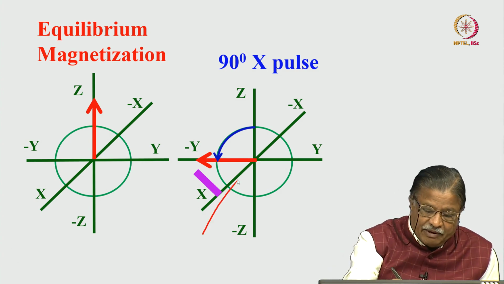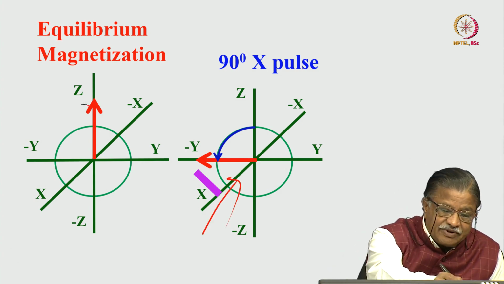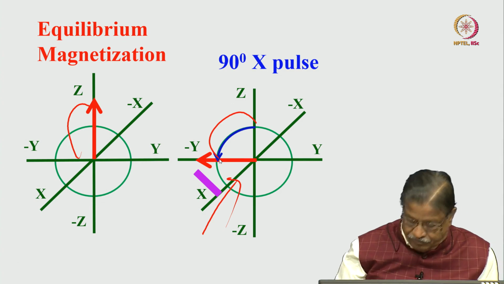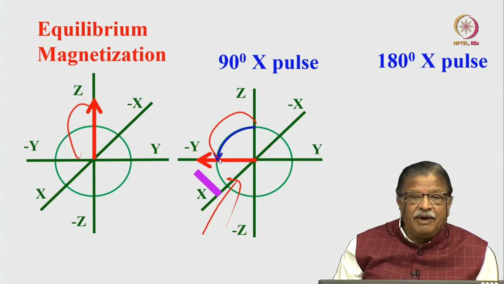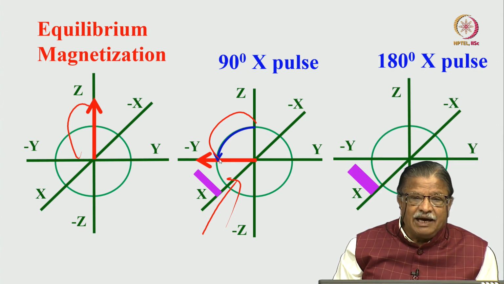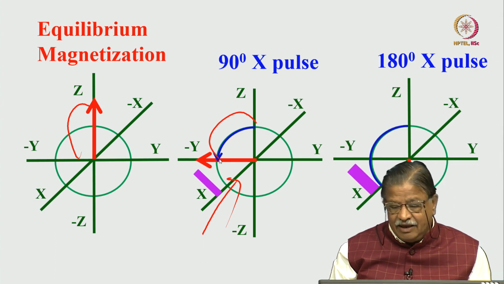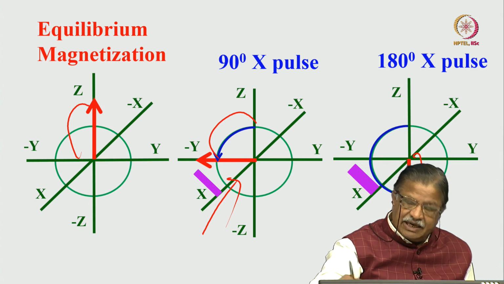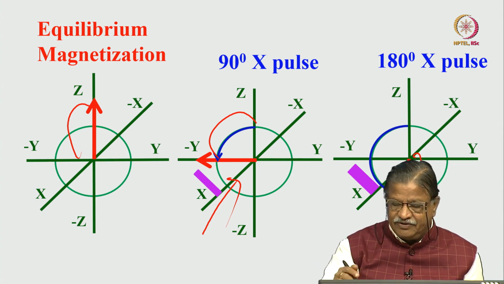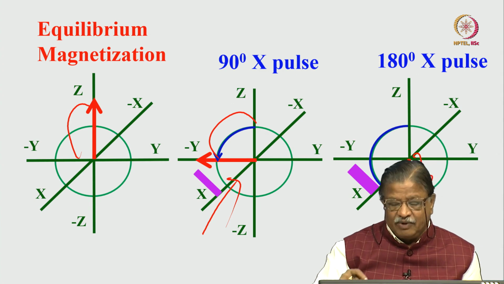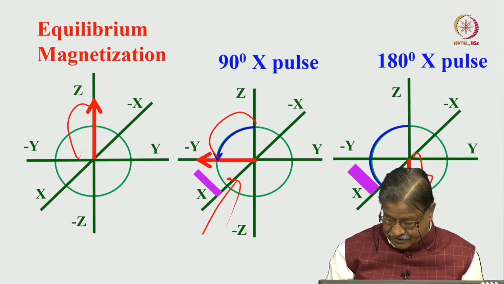This is the direction in which I am applying the RF pulse, and the magnetization which was here tilted to minus y. I increase the width or power of the pulse such that I can make it a 180 x pulse. Then the magnetization starts tilting to the minus z axis. From plus z it came to minus z axis. You can see here, from plus z with a 180 pulse it shifted to minus z.